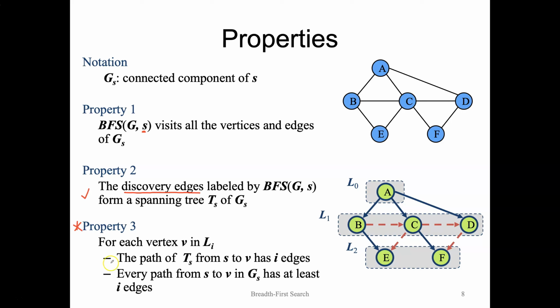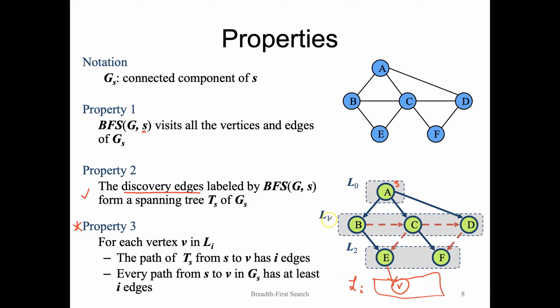Because of that, if we have some vertex V, which belongs to layer i, so any layer, then that means that in our spanning tree, we had a path from our starting vertex to this vertex V, which used only i edges.